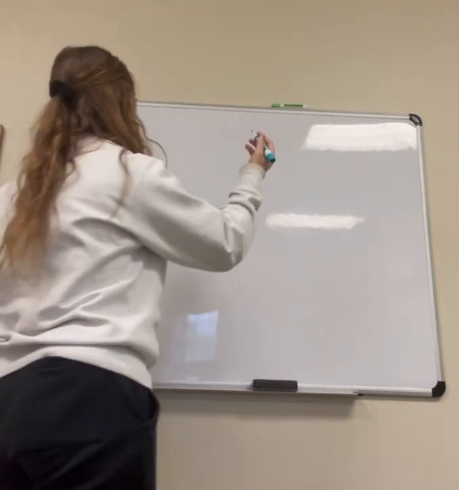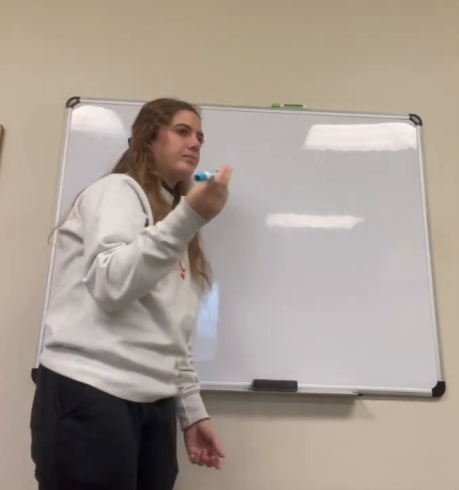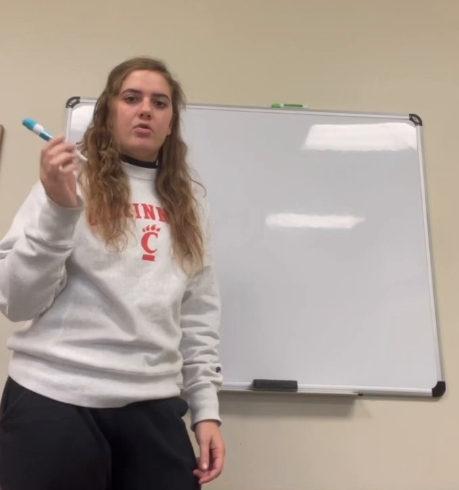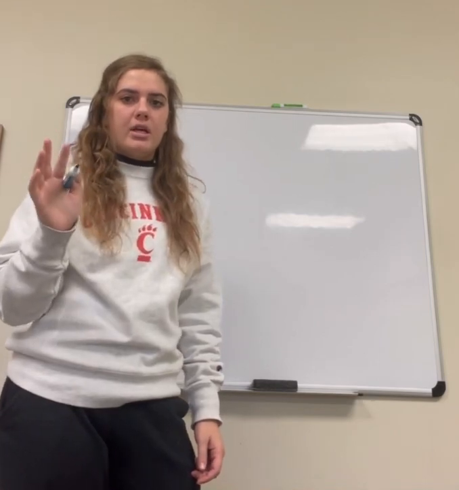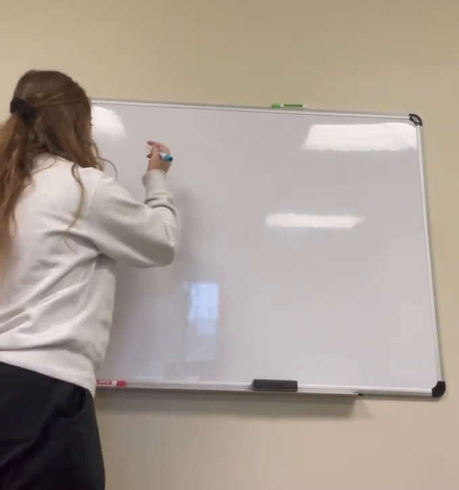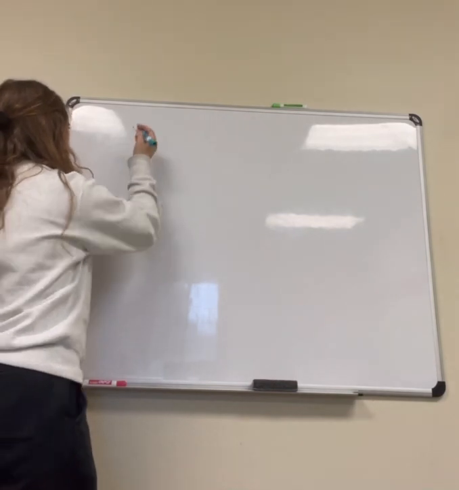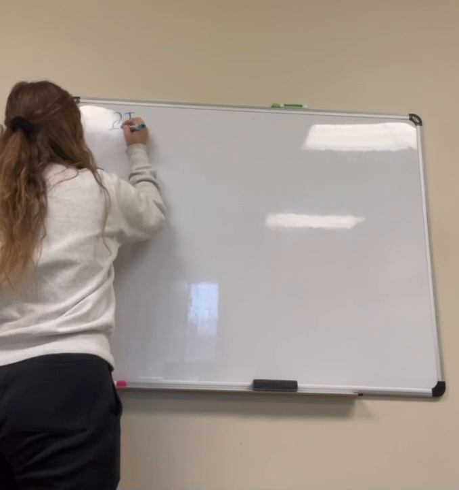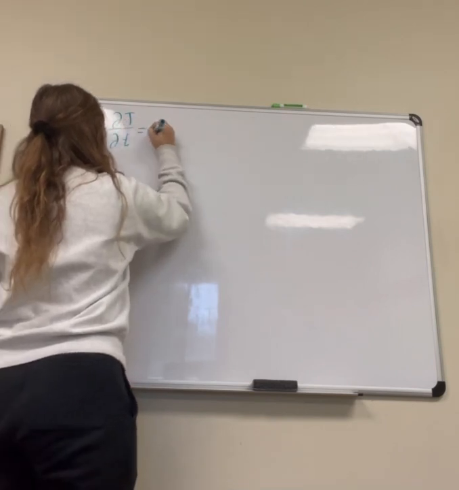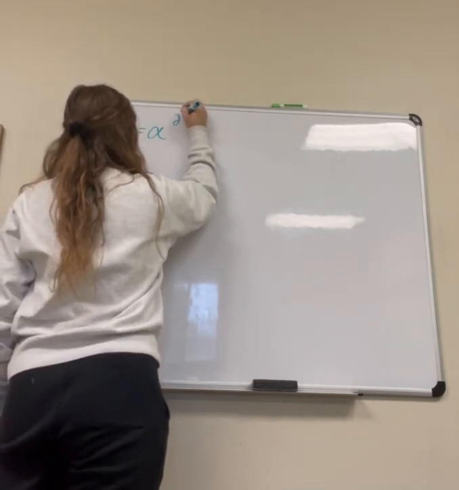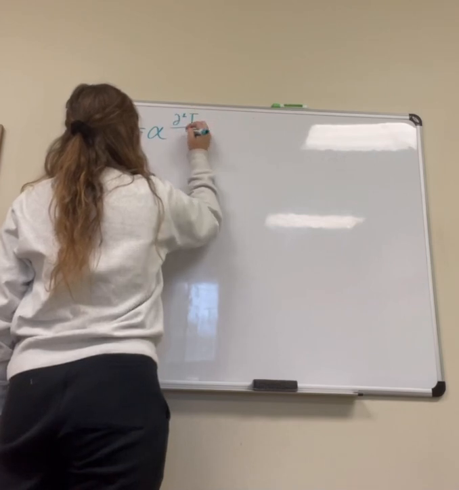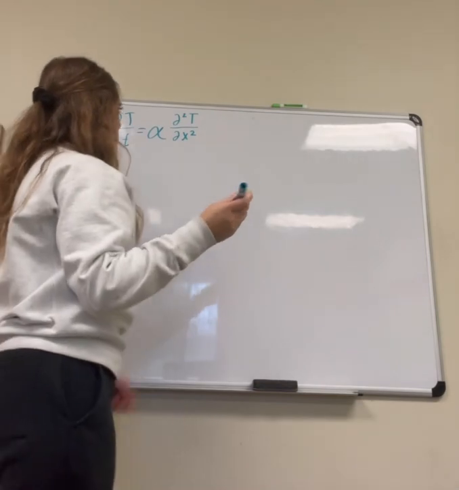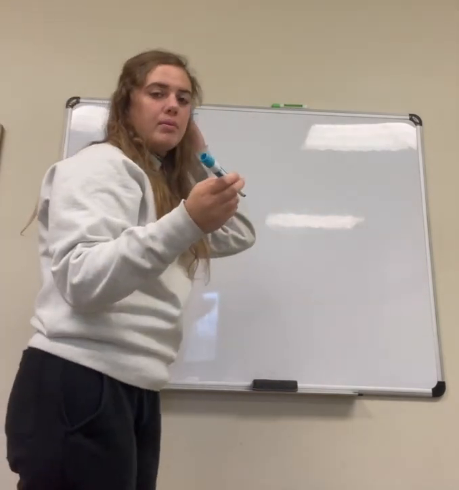So first thing I'm going to write up here is the heat diffusivity equation that we got once we plugged in the thermal diffusivity constant. We're dealing with this in number 2 as well.